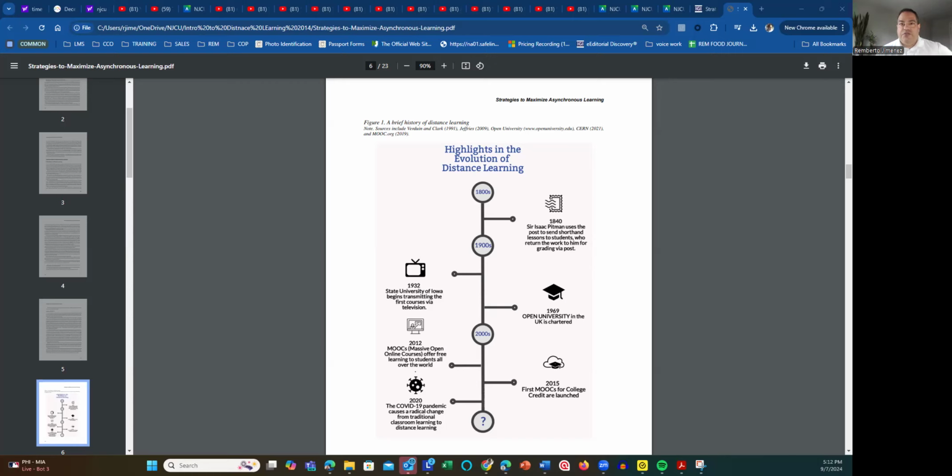Over time, you started to see the emergence of other online forms of learning. For example, the Open University in the UK was first created in 1969, where students were able to, again, use the technologies of the day to try to get a handle on their learning and personal development.